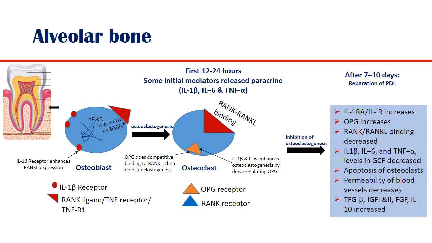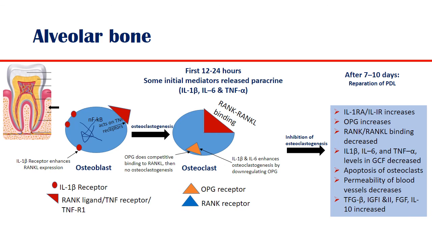So what happens? The osteoblast, which was lying very dormant, had those receptors, the TNF receptor and the IL-1 beta receptor. Once these mediators are released, they are taken up by these receptors. If the RANK ligand or the TNF receptor, TNF-R1, gets activated, it leads to osteoclastogenesis.